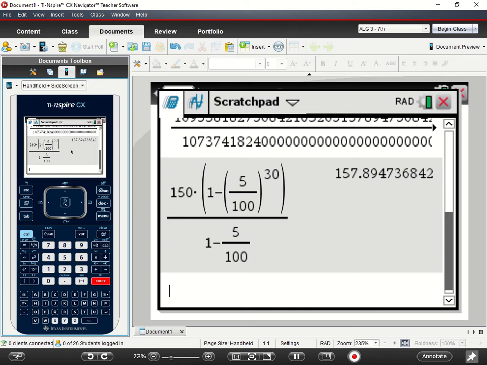Excuse me, sir, where did you say to press? Control divide, okay. Control divide is going to give you a fraction. Okay, thank you so much. Hold on, I'm going to modify this.